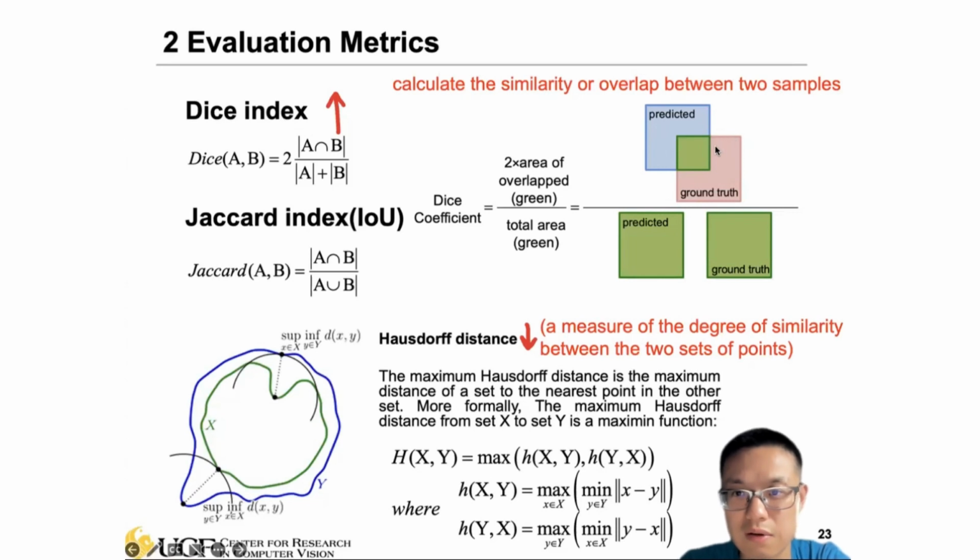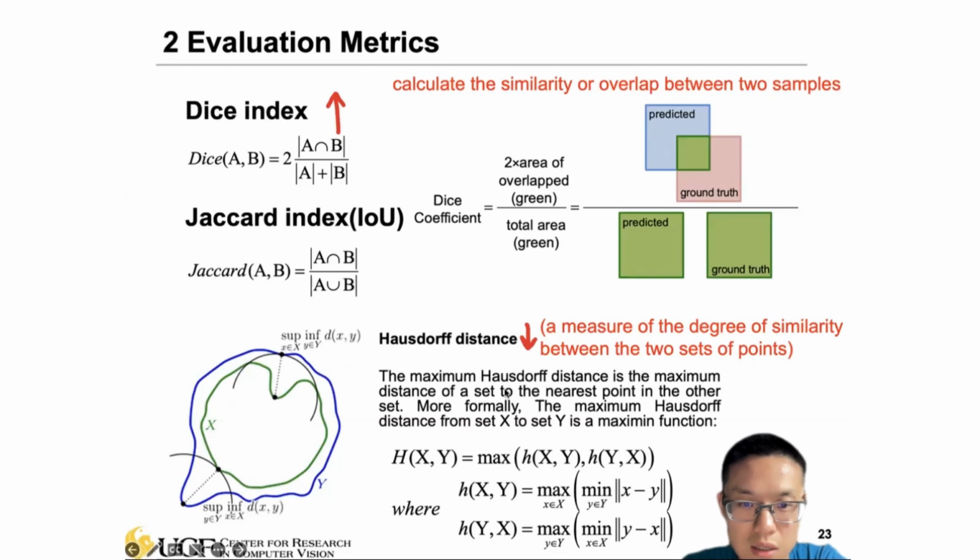Still, you have a large overlap, but the prediction is not as perfect as the ground truth, right? So we also have to consider their union, so that you want this intersection over union to be as high as possible. Okay, so that's the DICE score for segmentation.